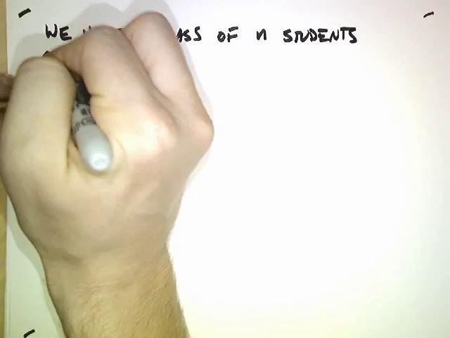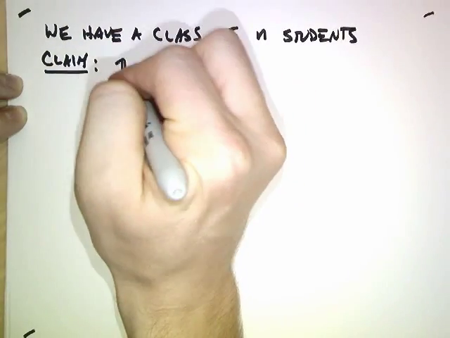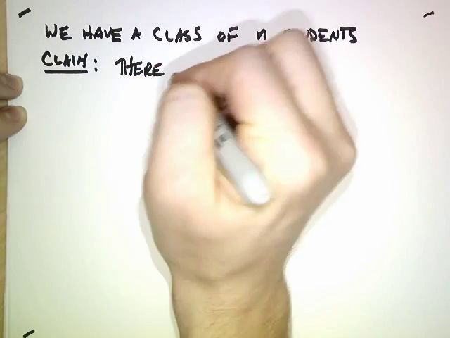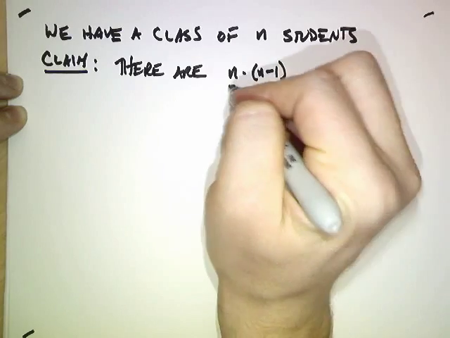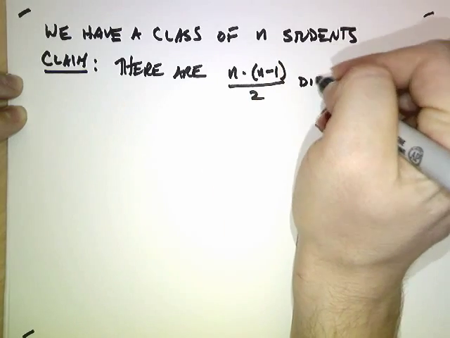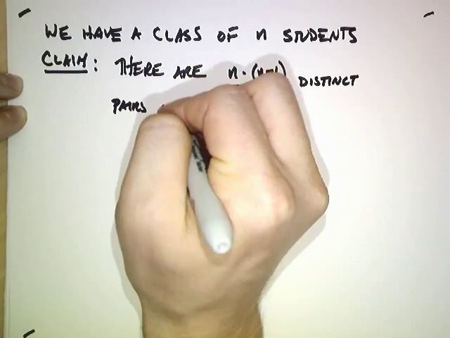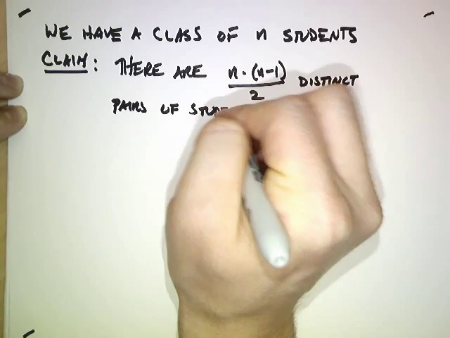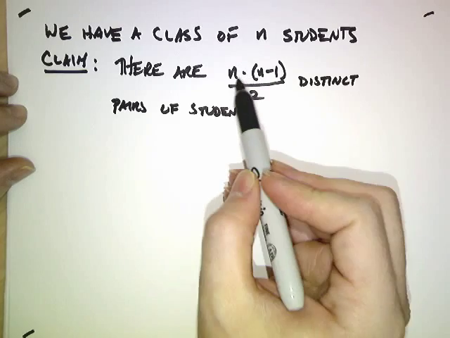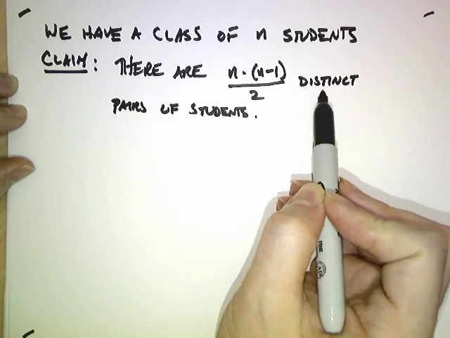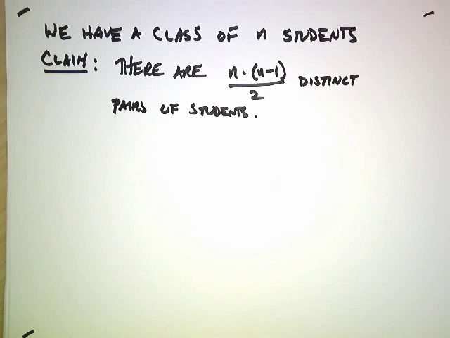And the claim is that there are n times n minus 1 over 2 distinct pairs of students. Okay, so you have a class of n students. The claim is that there are n times n minus 1 over 2 different pairs of students. A pair of students is just a grouping of two students together.